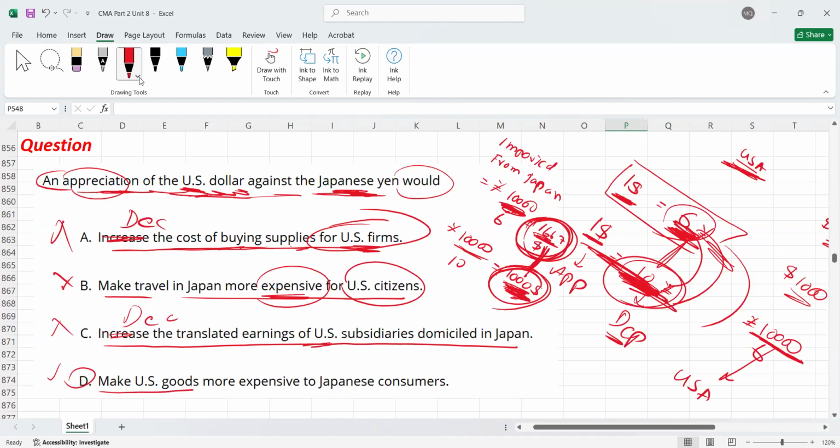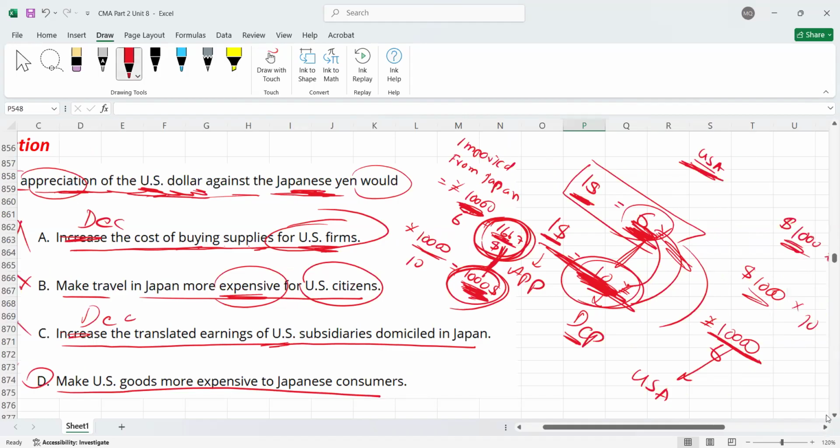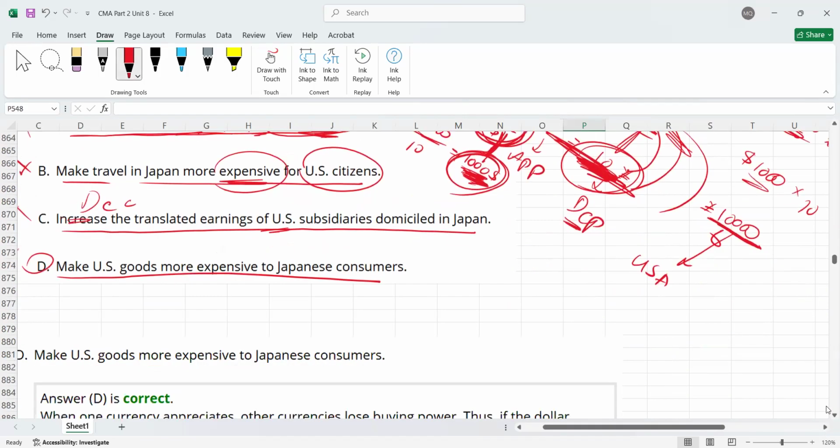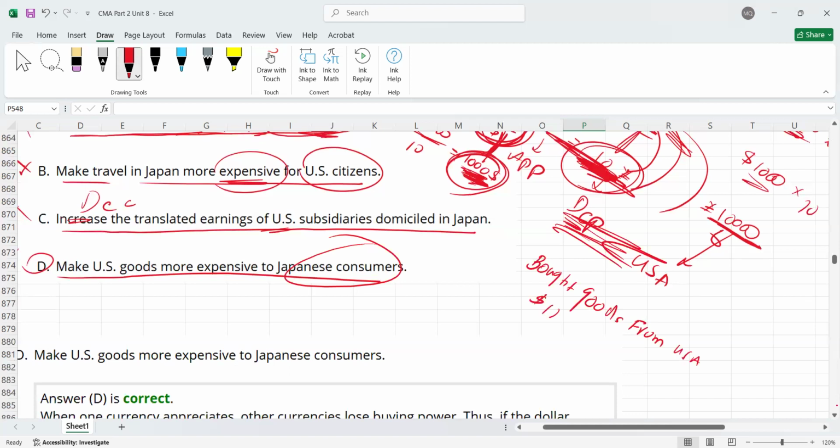Make US goods more expensive to Japanese consumers. Yes, it is very true. How? For example, let's assume now you are living in Japan because you are a Japanese consumer. Your currency is yen. Now you bought goods from USA, and you have to make payment in dollars, a $1,000 payment.